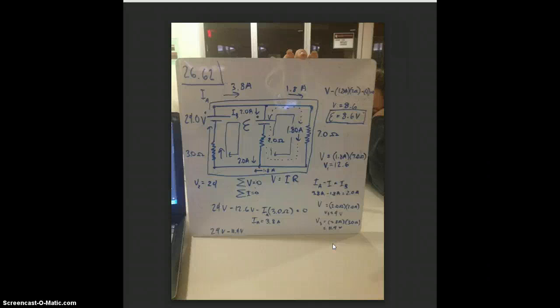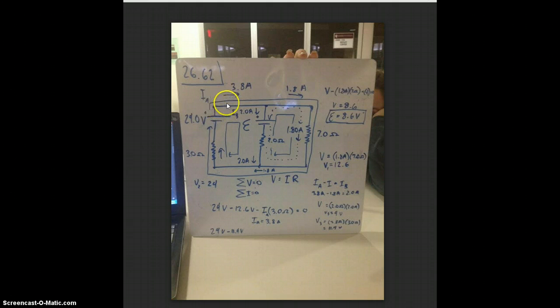This voltage from the battery up here has to add with the other differences in this loop to equal 0. So we know that the current through this resistor yields 12.6 volts heading that way, and we know that there's some current heading this way. That's what I was doing.